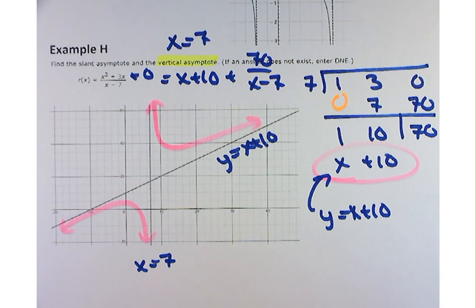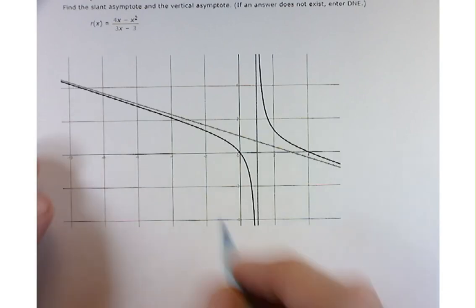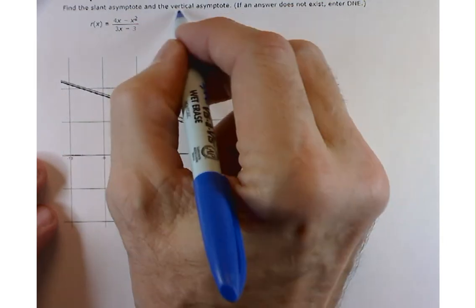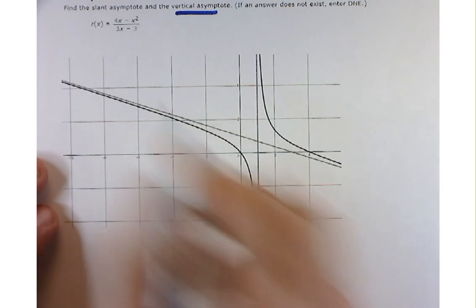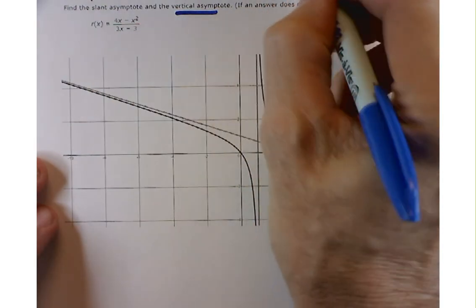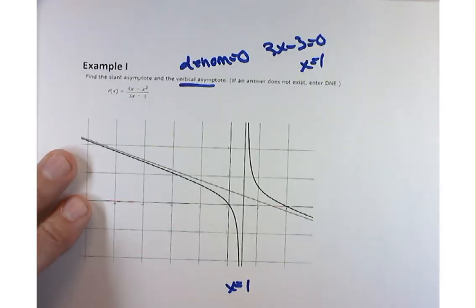And I got to finish up with one last one, because it's going to be the hardest one for you on your homework. Now, I've already got it completely drawn for you. I'm hoping that you can see where the denominator equals 0. And that's going to be when 3x minus 3 equals 0 or x equals 1. Did you write that in?